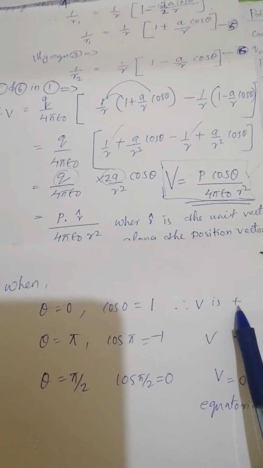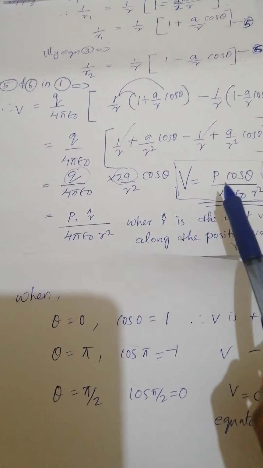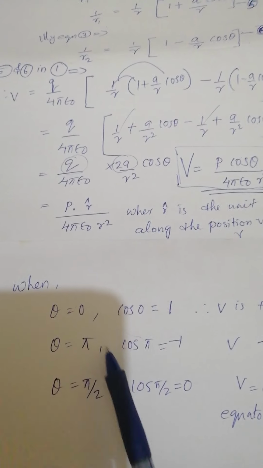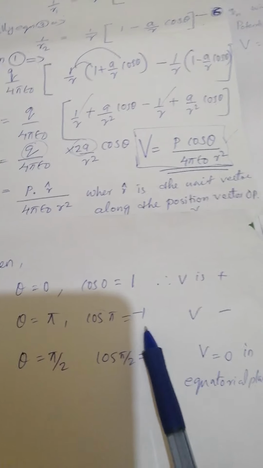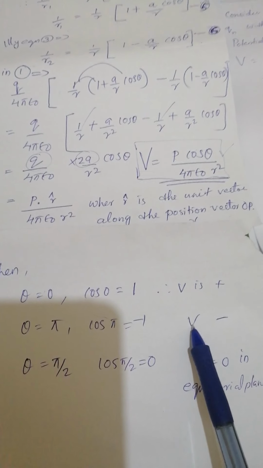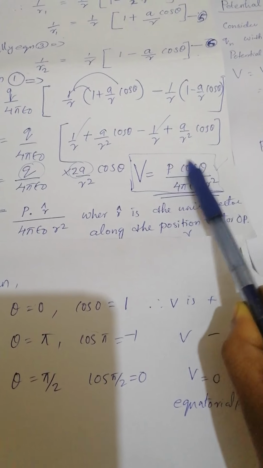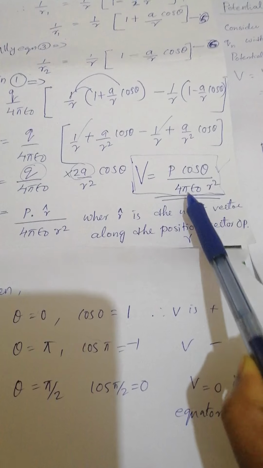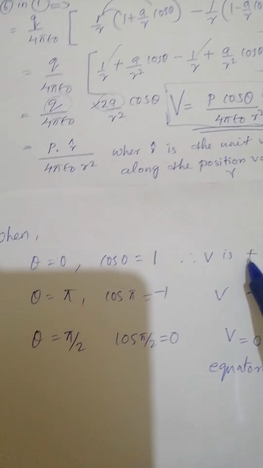V will be positive: cos 0 is 1, so V is p divided by 4 pi epsilon 0 r square. Second condition, if theta is equal to pi, what happens? Cos pi is minus 1. So the potential will be negative, that is minus p divided by 4 pi epsilon 0 r square.